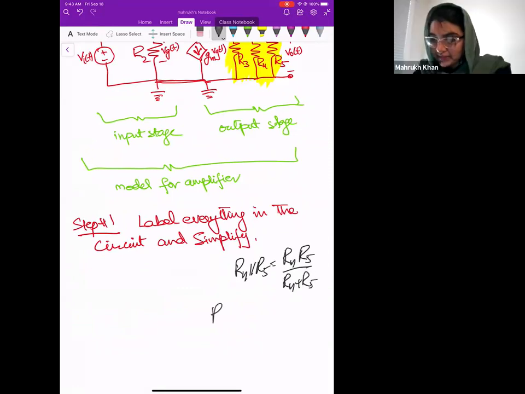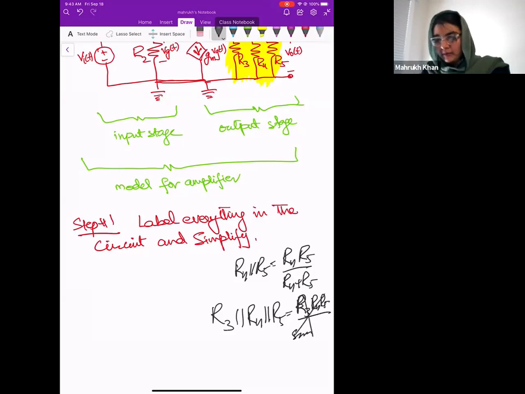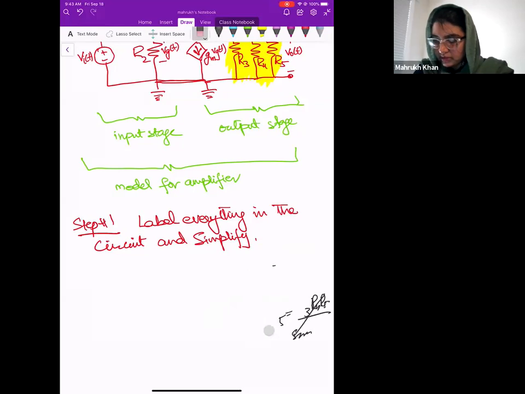But I actually mentioned before, this will not be equal to R3 R4 R5 divided by the sum. So we should be very careful about that. When we want to find a parallel resistance of more than 2 resistors, we will use its basic formula.